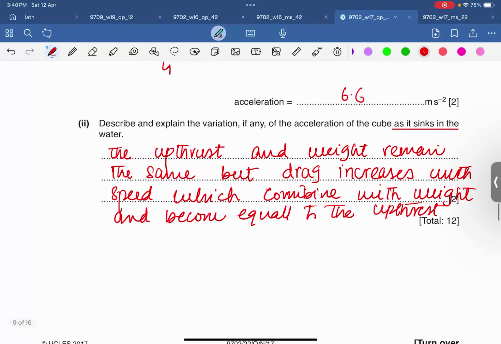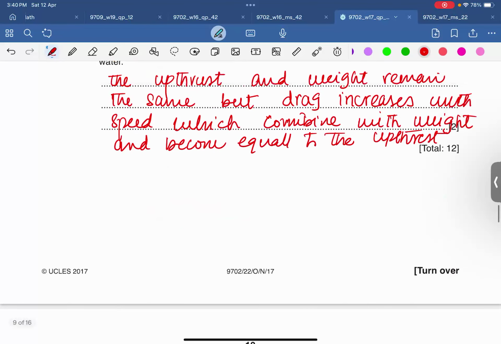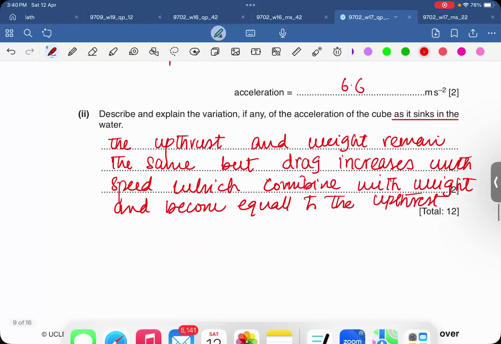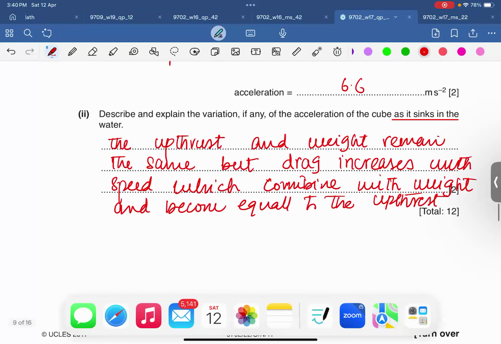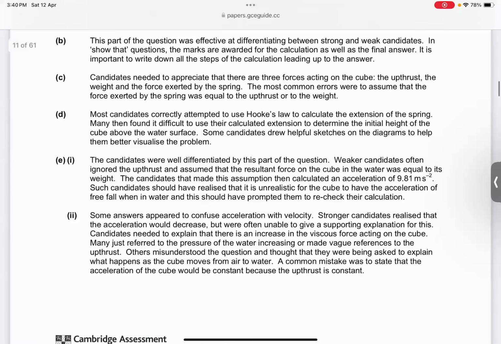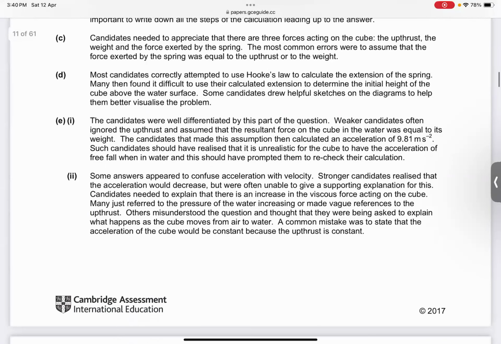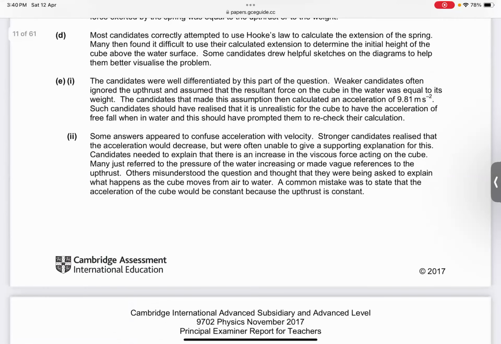That's correct. Here I'll also show you the last part of the examiner's report. So, extension of the spring: many candidates found it difficult to use their calculated extension to determine the initial height of the cube above the water. Some candidates drew a helpful sketch on the diagram to better visualize. The last part says some answers appear to confuse the acceleration with the velocity.